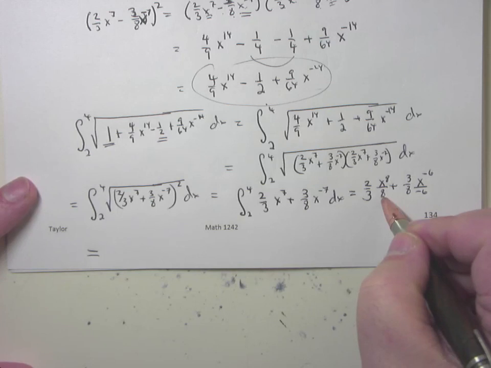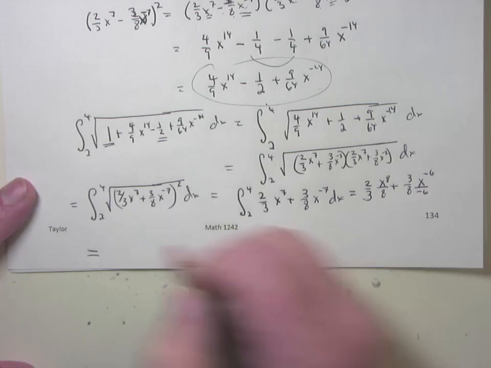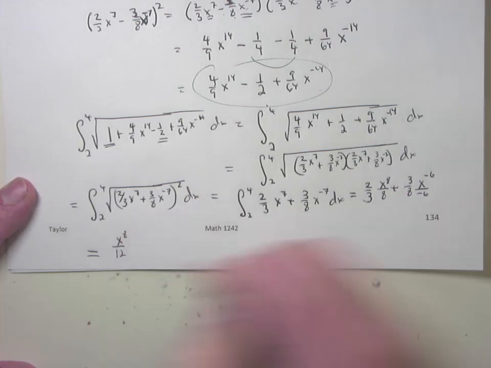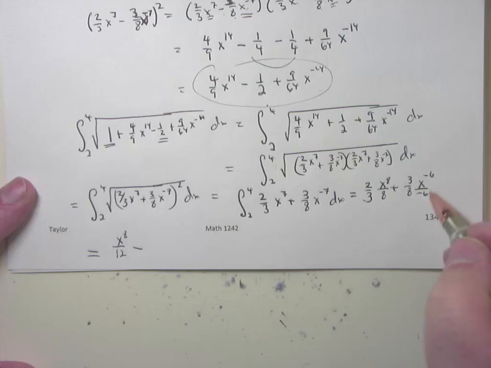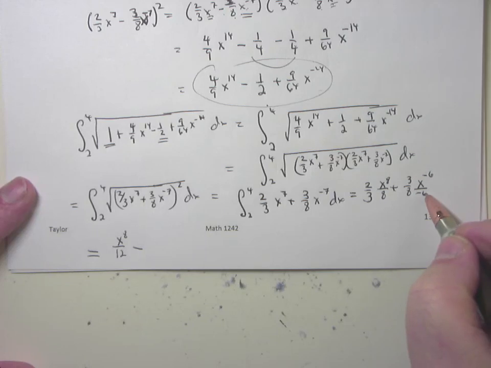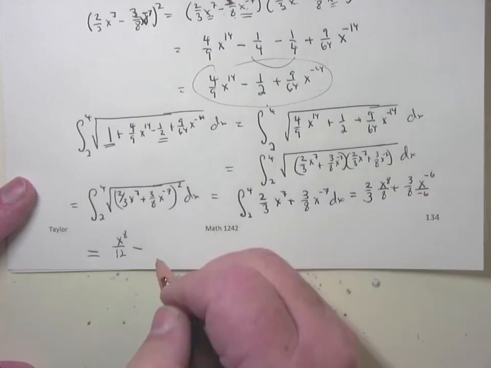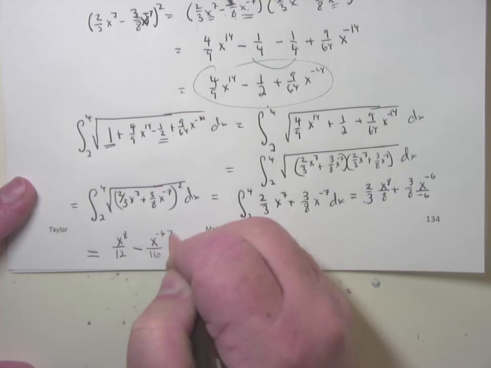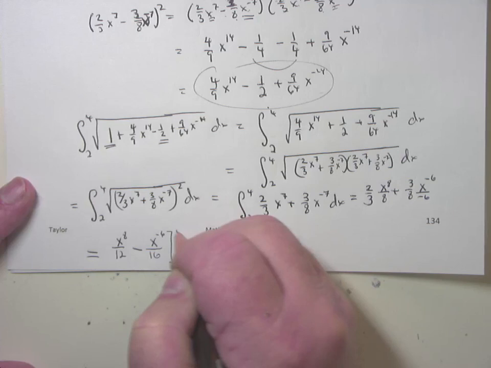Make sure I don't screw my arithmetic up this time. 2 goes in 8 4 times, and 4 times 3 is 12. So this is x to the 8th divided by 12. A positive times a negative is going to be a negative. 3 goes into 6 2 times, and 2 times 8 is 16. So that becomes x to the negative 6 over 16, evaluated from 2 to 4.